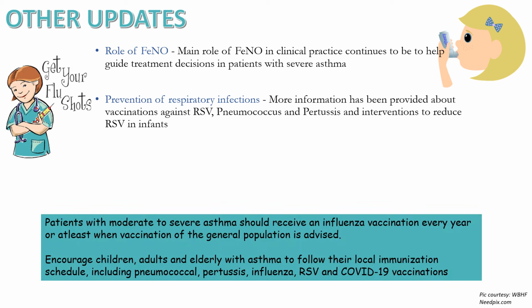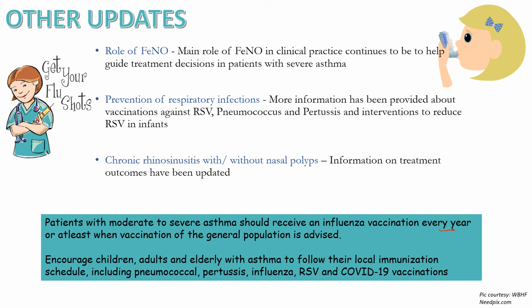GINA says that patients with moderate to severe asthma should receive an influenza vaccine every year, or at least when vaccination of the general population in their area is advised. Encourage children, adults, and elderly with asthma to follow the local immunization schedule, including pneumococcal, pertussis, influenza, RSV, and COVID-19 vaccination. So yearly influenza vaccination has been recommended, but others have to be given as per the local immunization schedule.